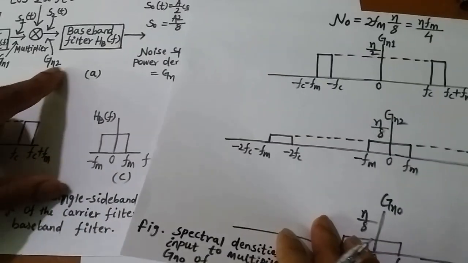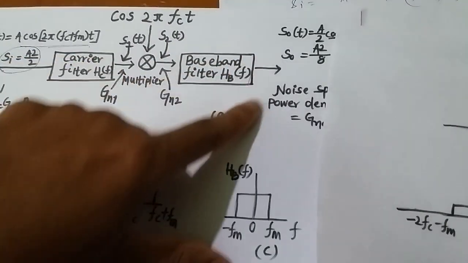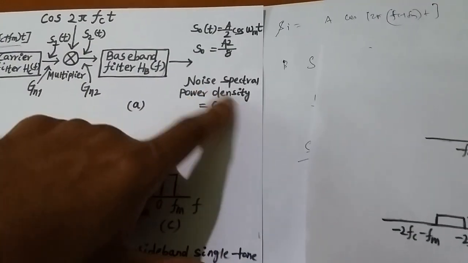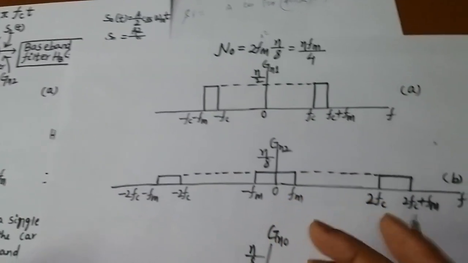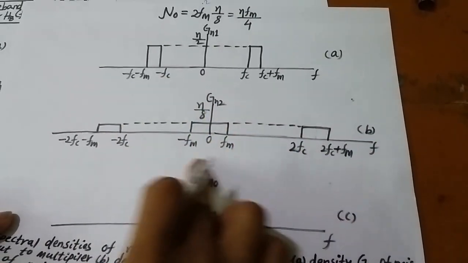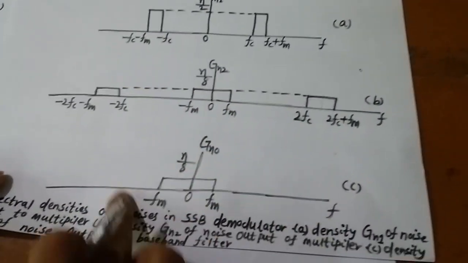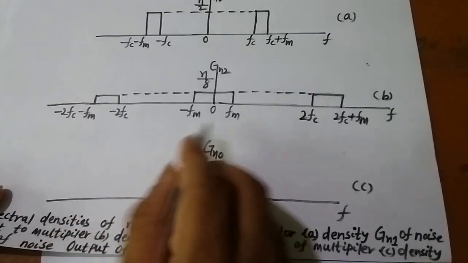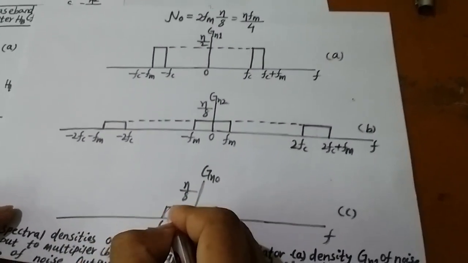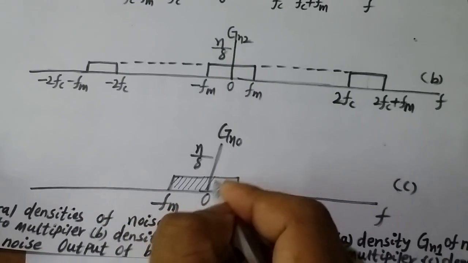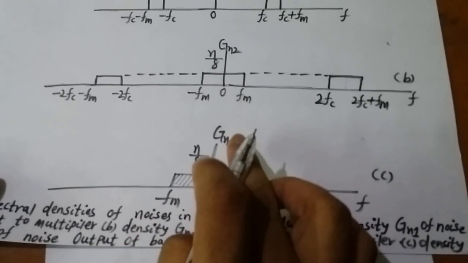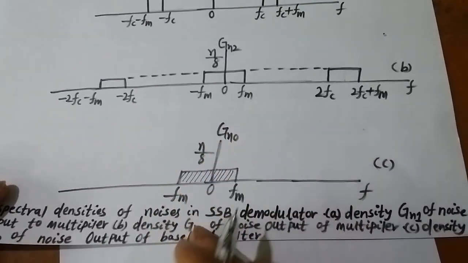After that, this Gn2 is passed through a baseband filter. The output is Gn0. So these two portions are removed. The baseband filter only keeps this term. So this is the output of the baseband filter. To get the power, we have to find the area under the curve of this Gn0, that means the power spectral density curve.